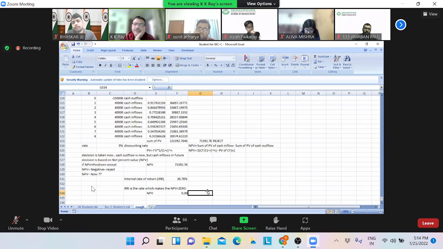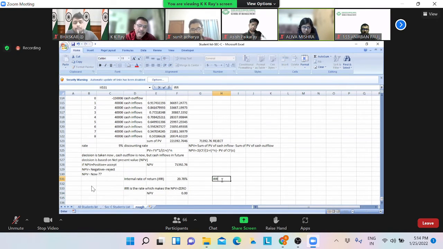Understood, Aliva? Confused? Yes, sir. Can you please repeat? The rate which makes the NPV zero, okay? What does it mean? IRR rate में क्या होता है? The sum of the present value of cash inflow is equal to the sum of the present value of cash outflow.